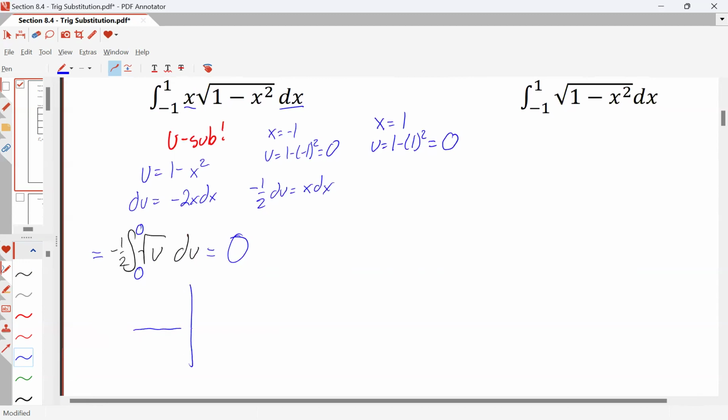The reason this is going to work out to be 0 is the graph of this looks something like this. And the area that's under the x-axis and the area that's over the x-axis is the same. So they cancel out, leaving us with an area of 0.